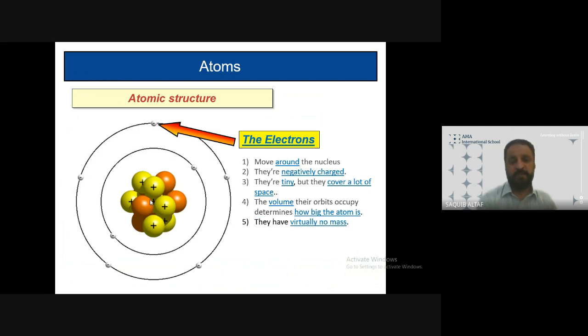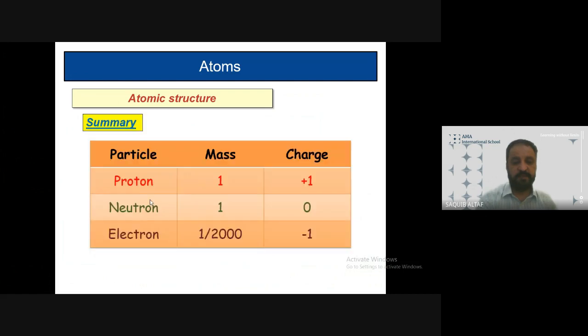Practically, the electron's mass is negligible, very, very less. See now, this table shows proton, positive charge; neutron, zero charge; electron, negative charge. Proton and neutron have almost equal mass, but electron mass is very, very less. You can see 1 over 2000 means very, very less mass.